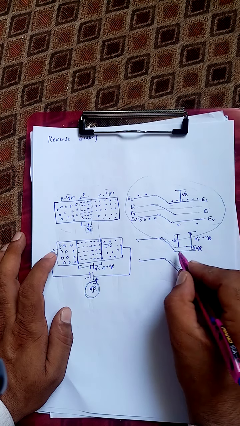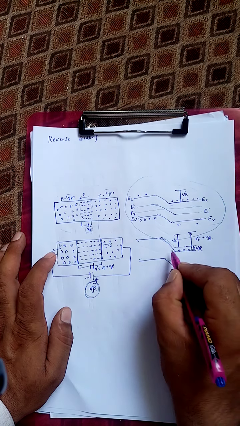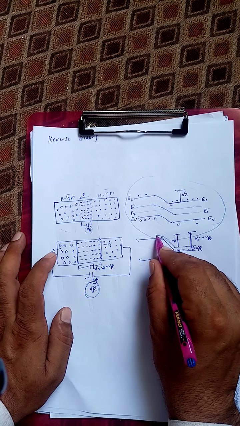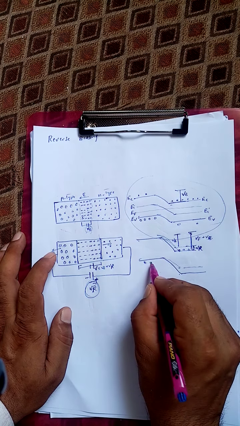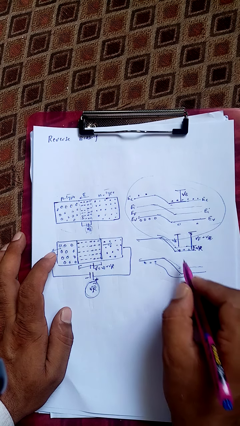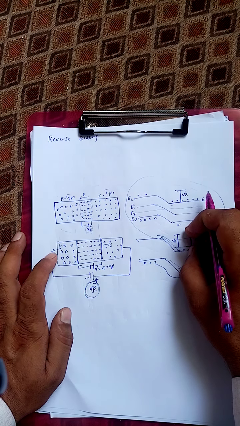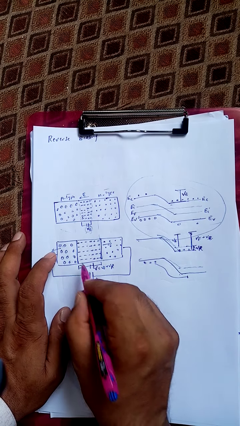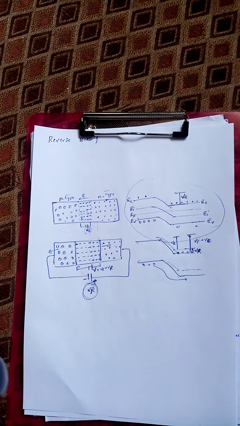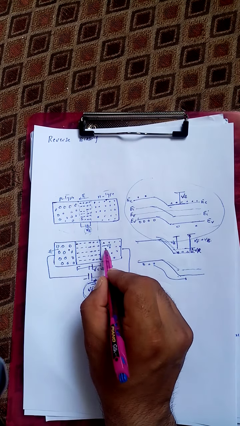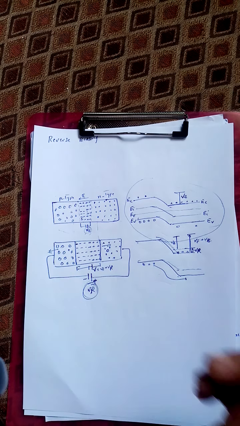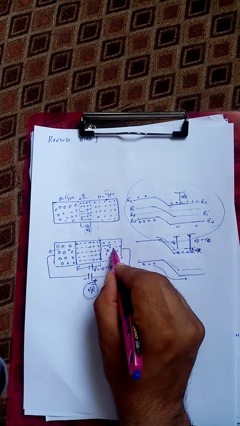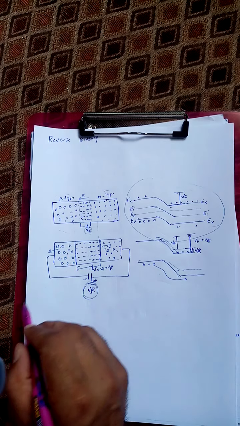So it means that now the electrons will hardly move to here, or the holes will hardly move to here, because the barrier potential is very large. In this case we have a current also, like we have electrons here and we have holes here, the minority charge carriers. We have few holes here and few electrons here.